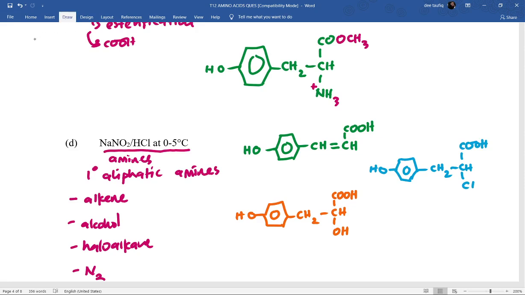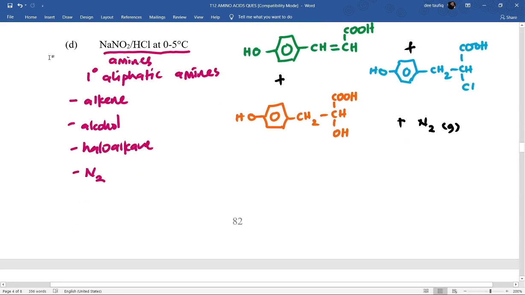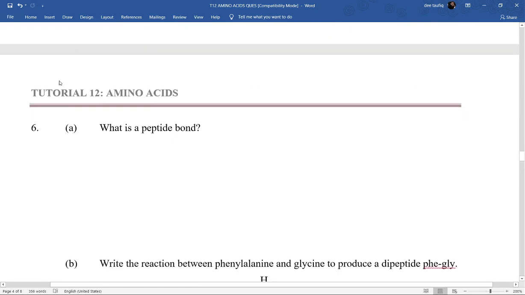And the last one, we should have nitrogen gas. Okay, so we get a mixture of products: alkene, alcohol, haloalkane and nitrogen gas N2. Observation: we will see gas bubbles produced. Right, so that is question number 5.